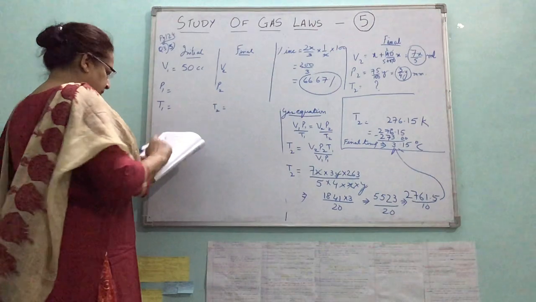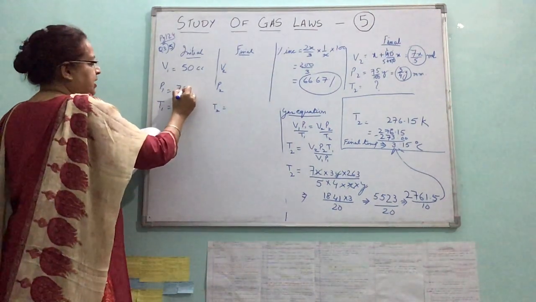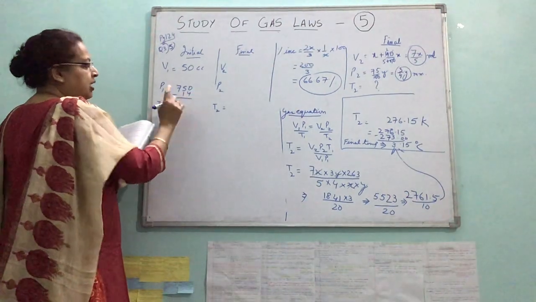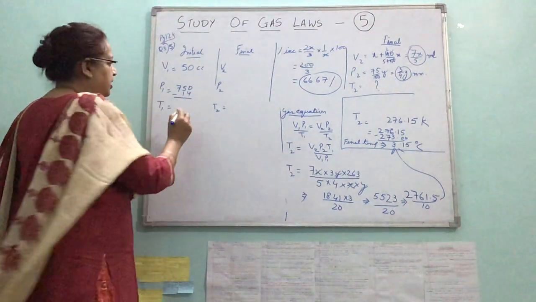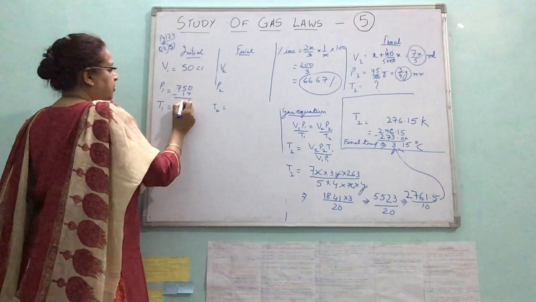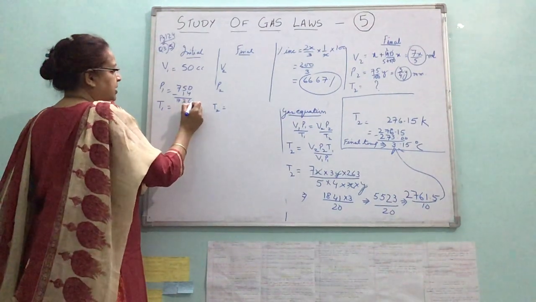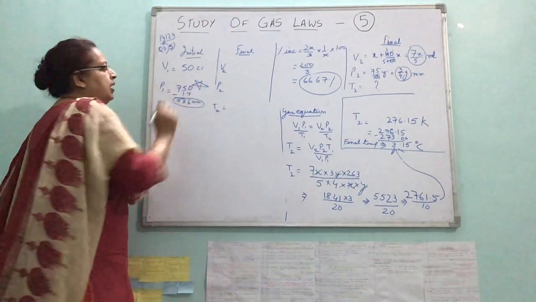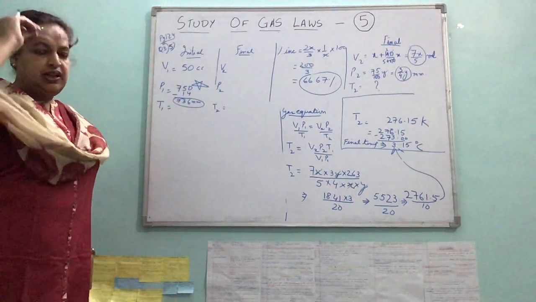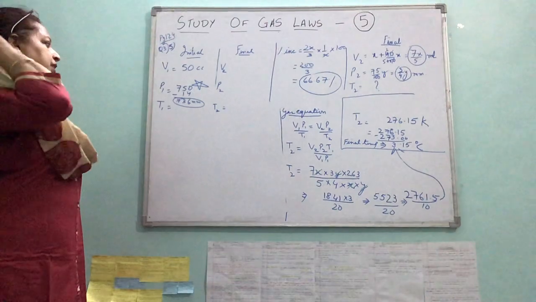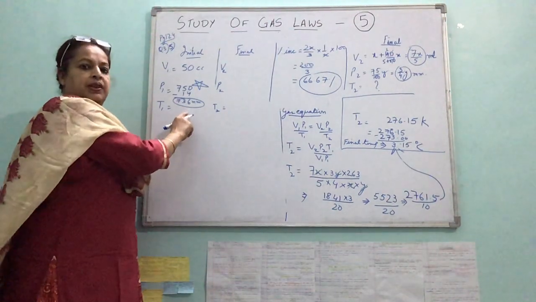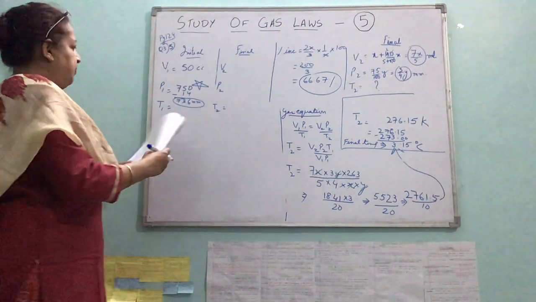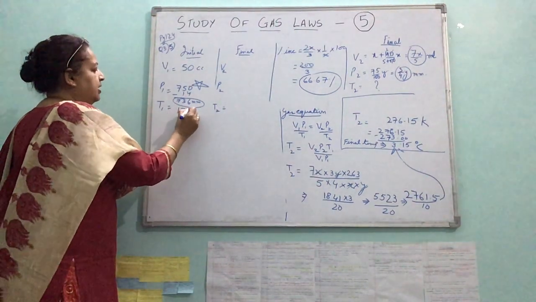And the original pressure is 750, but this includes moisture. So from this we subtract 14, vapor pressure is to be subtracted. So you get 736 millimeter. Remember, this is the important step here: if it is a moist gas, we have to subtract the vapor pressure so that you get the pressure of the gas itself. And temperature is 17 degrees centigrade.